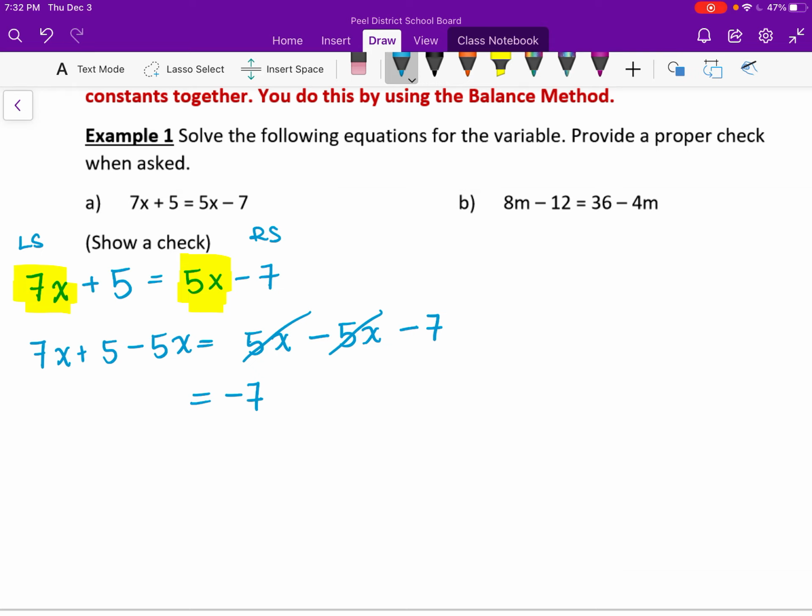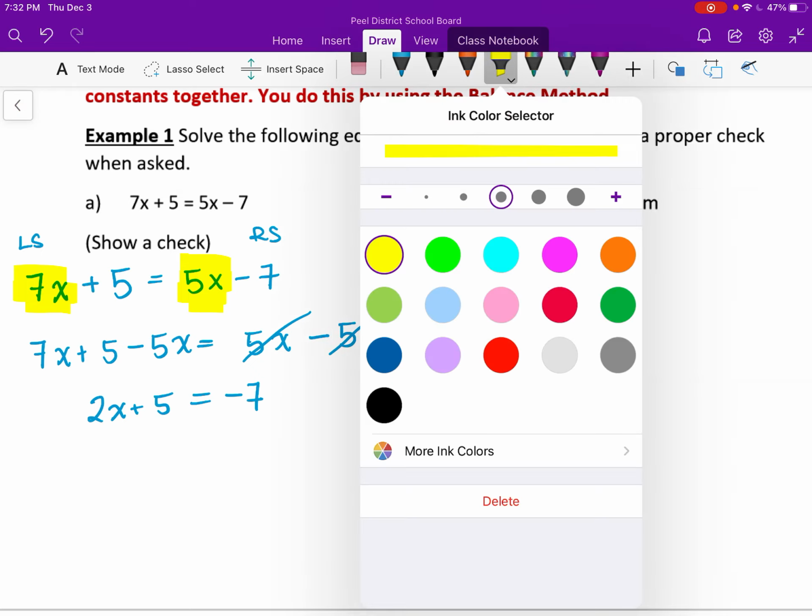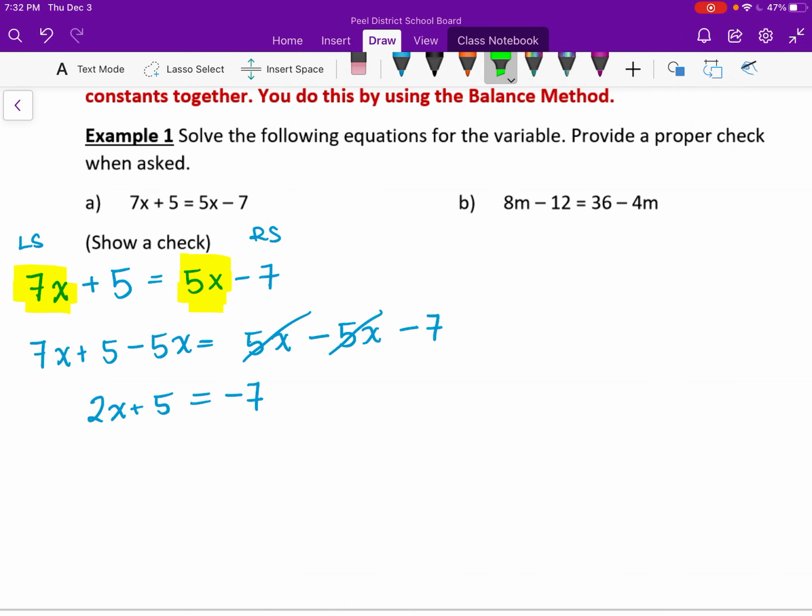So 7 minus 5, because they have the same exponent, I can go ahead and just collect those like terms together, right? Which we've already learned. So 7 minus 5 is equal to 2x, plus 5 is equal to negative 7. Now I want to move my 5 so I can get the 2x by itself, right?